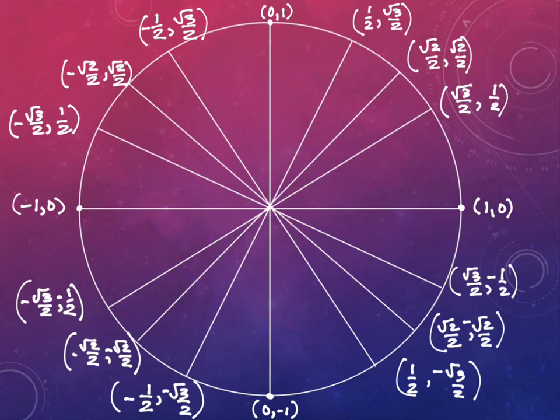So if we take this first one right here, this is pi over 4, or 45 degrees. It's halfway, right? All the way to the top of the circle is 90, so that's halfway. That's my halfway mark. I'm going to write it along the side here.